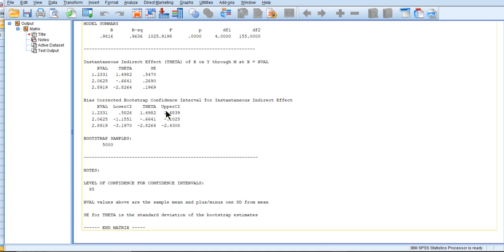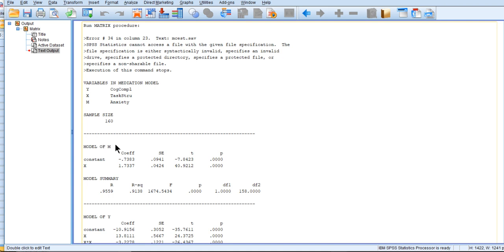When the task is very structured, anxiety is a mediator between the level of structure and cognitive complexity. When the task is moderately structured, both lower and upper confidence intervals are negative, and it doesn't contain zero, so the result is significant too.